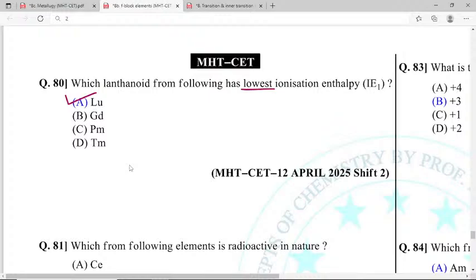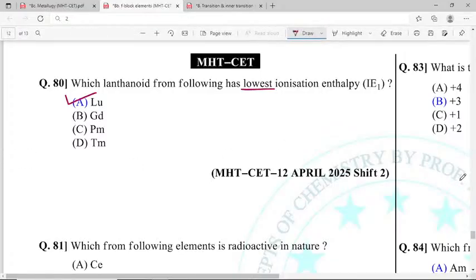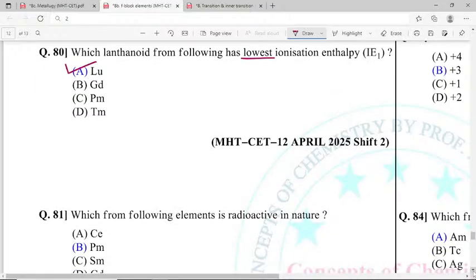Lutetium. Because of lanthanoid contraction, from left to right the size of the atom decreases, so ionization enthalpy should decrease. Lutetium has the lowest ionization enthalpy value because it has one electron in the d subshell.